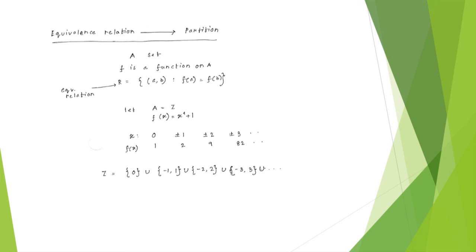If we take the union of these sets, it equals Z. Obviously they are disjoint sets and they form a partition of Z. So in this way we start with an equivalence relation and we ultimately get a partition.